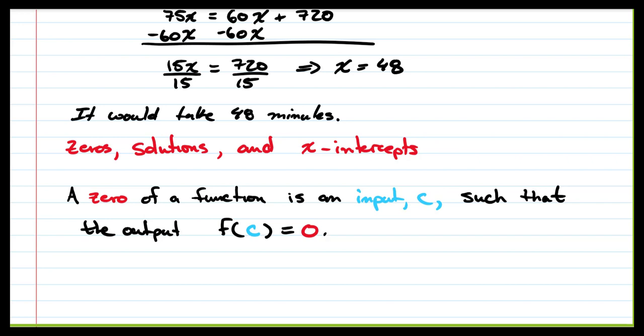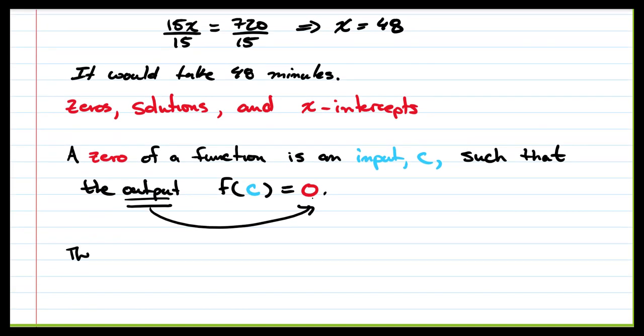So notice in our definition of a 0, it doesn't say we're putting 0 in, right? A 0 of a function is an input, so some number that when we put it in, the output is 0. So when we say 0, we're talking about the output, not the input.